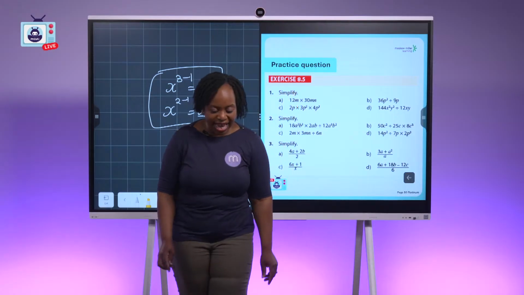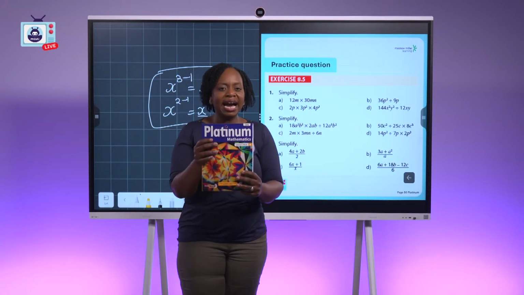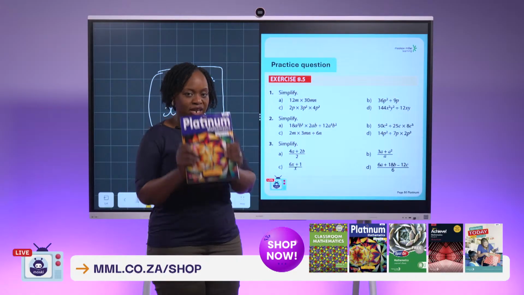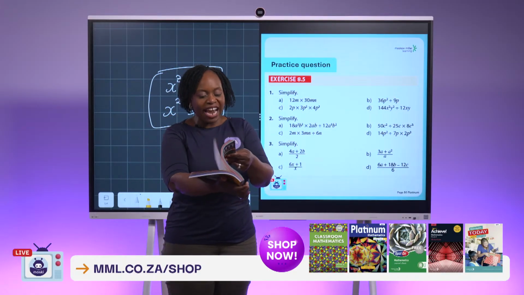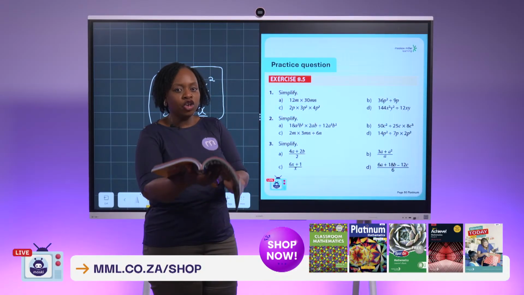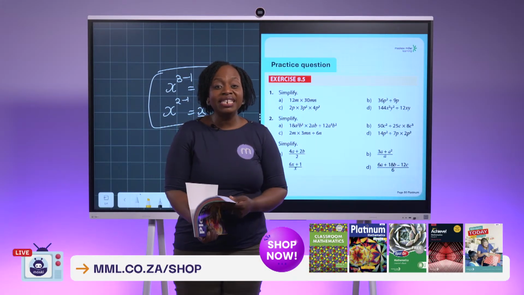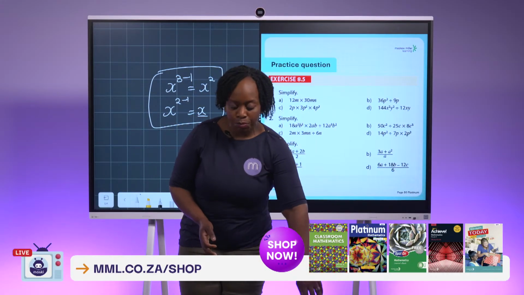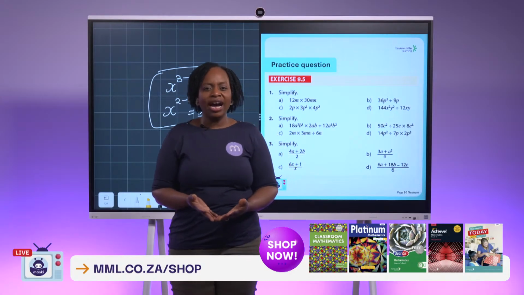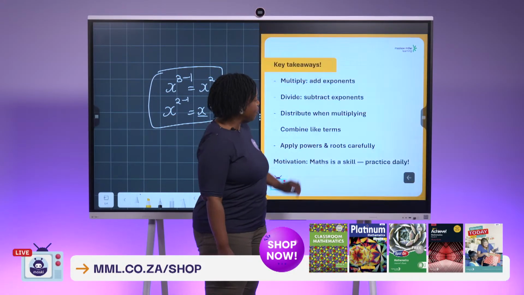While you are doing that, you can go to our textbook, Platinum, and on page 80 of this book, you're going to find nice exercises, where the example is there. If you don't have the book, please go online and buy our PDF, which you can browse on the phone, on the laptop, and anywhere that you want, to be able to learn.